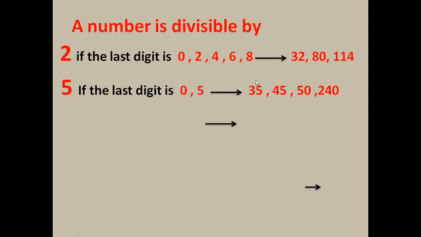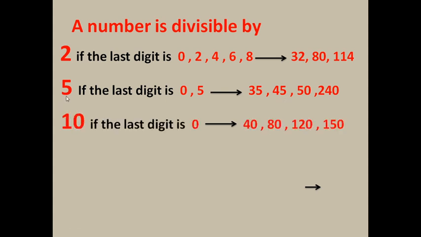If we divide 35 by 5, we can divide and we do not have any remainder. So if the last digit is 0 or 5, it is divisible by 5. Now 10: if the number ends with 0, it is divisible by 10.